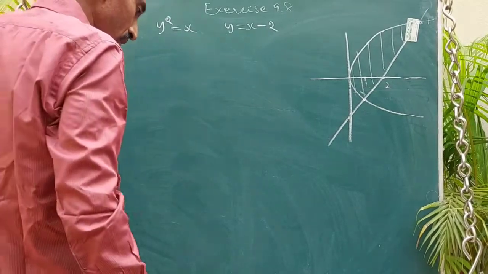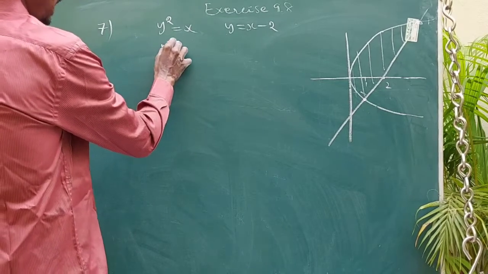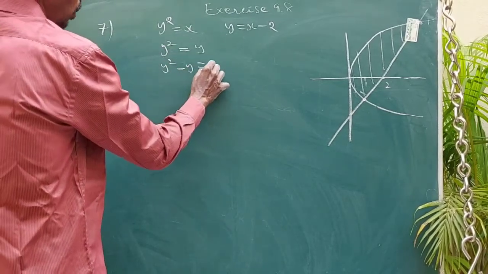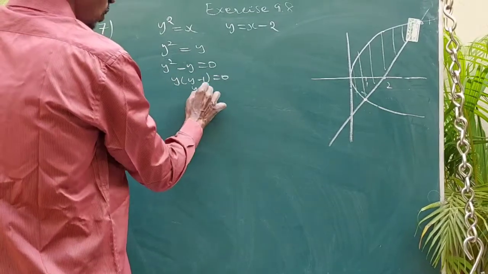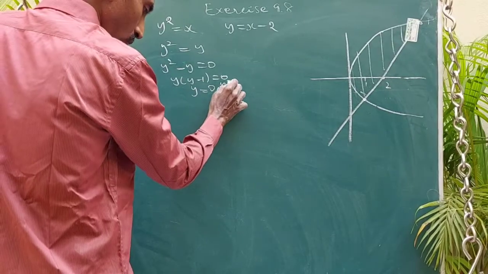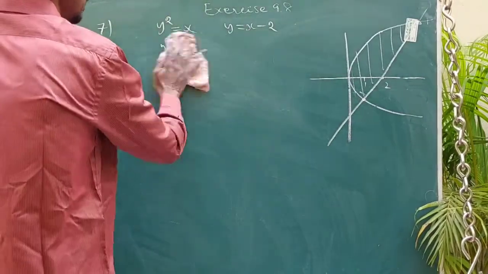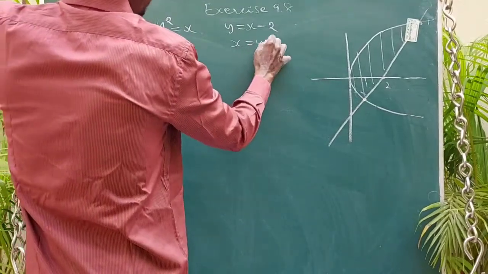If we equate, what is that? y square equal to y square minus y equal to 0, y into y minus 1 equal to 0. So y equal to 0 or, sorry, wait a minute, sorry, here x equal to y plus 2.